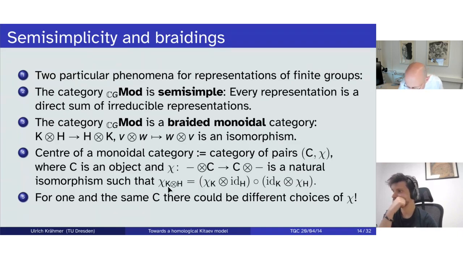Okay. Now note, of course, this generalizes the notion of the center of an algebra. In an algebra, there's the subset of those elements which commute with all others. So those elements C, such that A times C is equal to C times A for all A. Now in a monoidal category, A tensor C is maybe isomorphic to C tensor A in a nice way, but it could be so in different ways, even for the same C. So the choice of that chi is additional information.